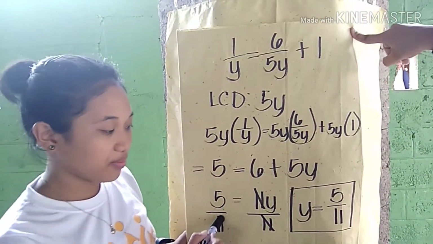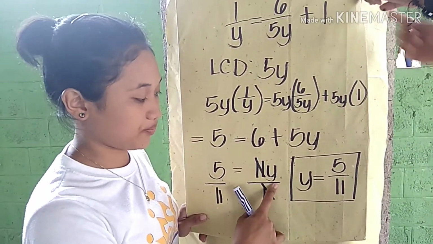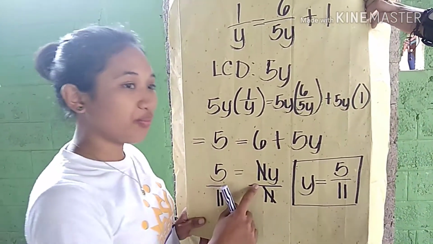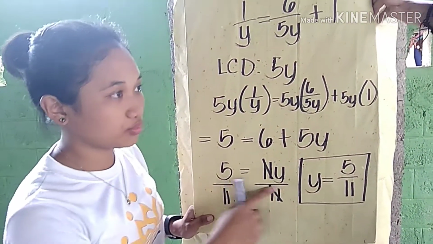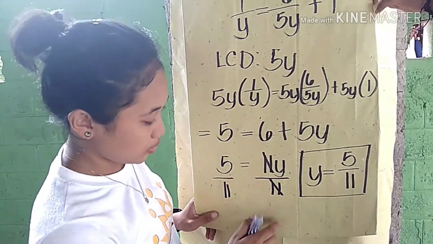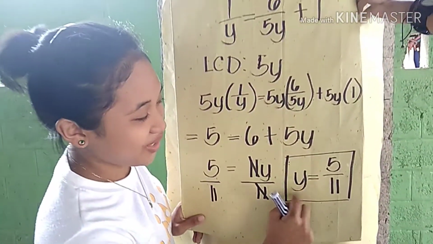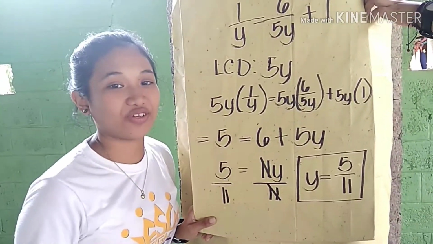So bring down 5 equals 6 plus 5y equals 11y. Since the number here is 11, we have to divide by 11 on both sides. So 11 cancels, and the value of y is 5 over 11.